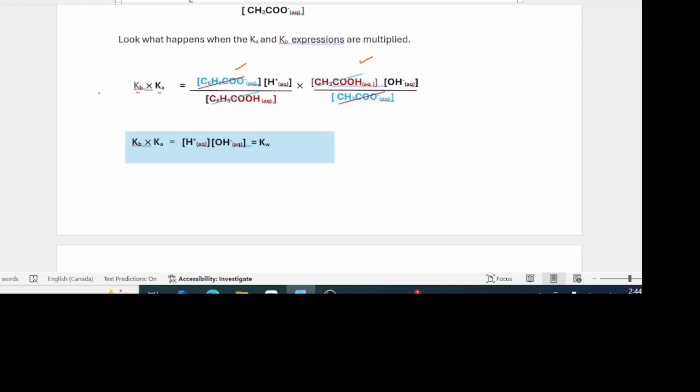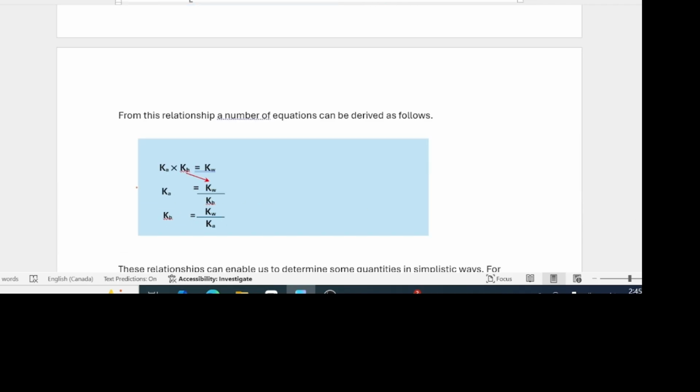Look, that Ka times Kb is equal to the concentration of hydrogen ions times the concentration of OH ions. So generally speaking, Ka times Kb is equal to the product of those two, and that is equal to Kw. So putting all of that together, we have that Ka times Kb is equal to Kw.